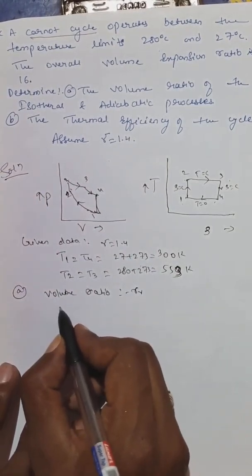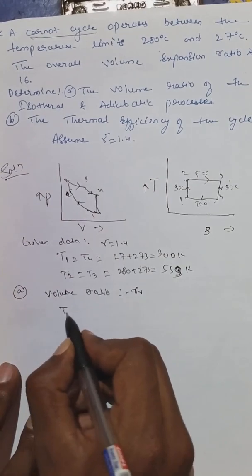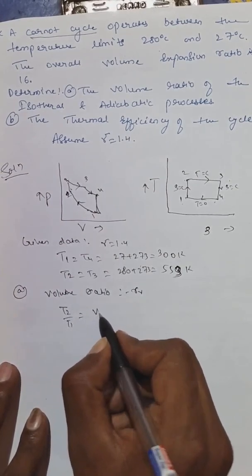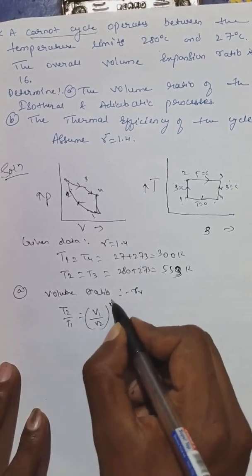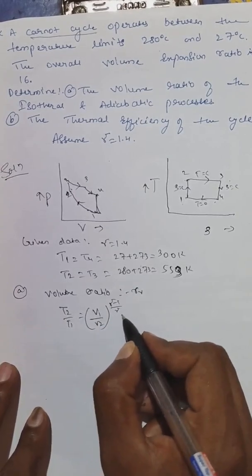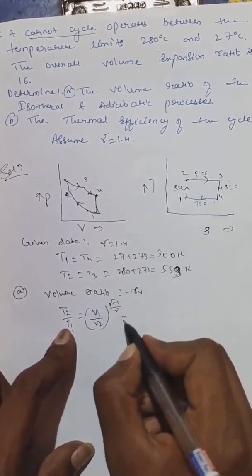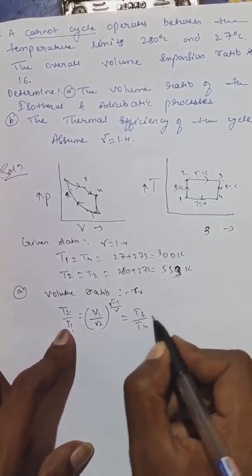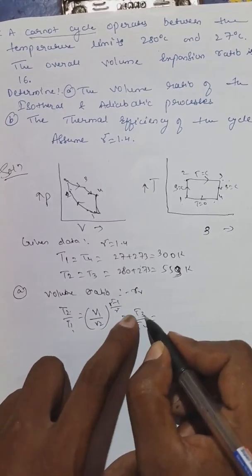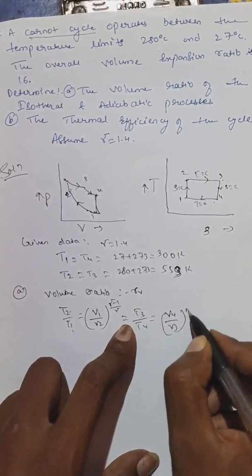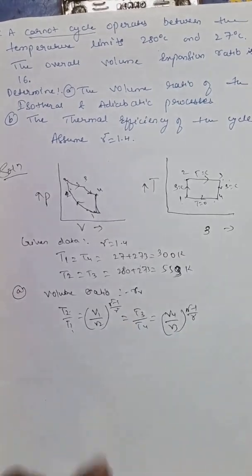You know very well there is a relation for the adiabatic process, that is T2 by T1 is V1 by V2 to the power gamma minus 1. This is very well known to you. Whereas T2 is equal to T3 and T1 is equal to T4. We can take T3 by T4 is equal to V4 by V3 to the power gamma minus 1.